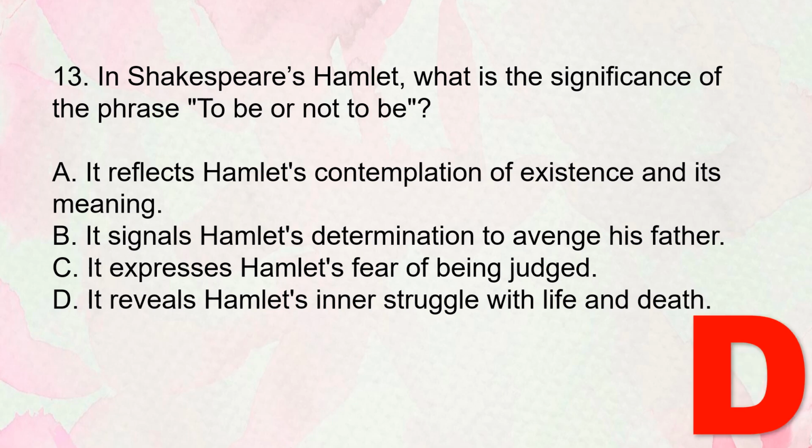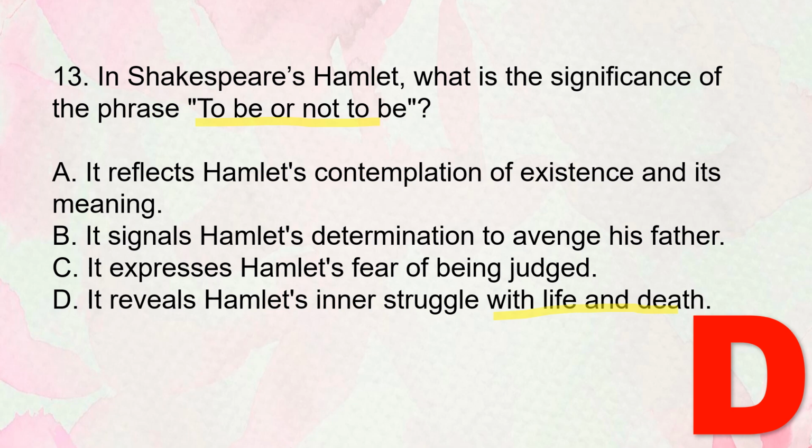The best answer is letter D, because this famous soliloquy captures Hamlet's deep conflict about the burdens of life and the uncertainty of death. All right, so that's it. To be or not to be.